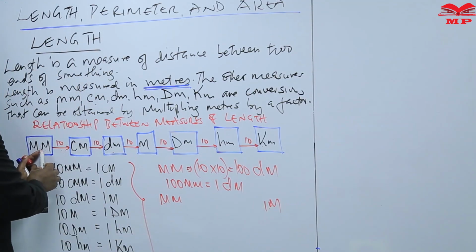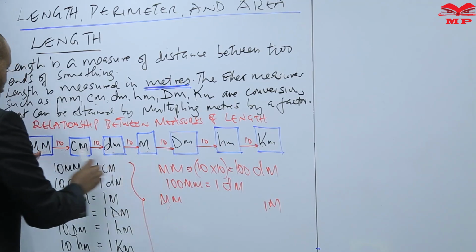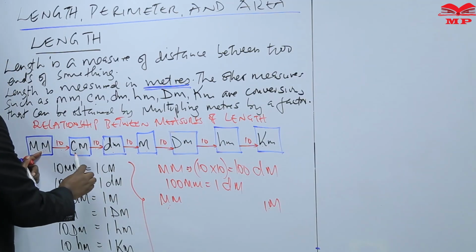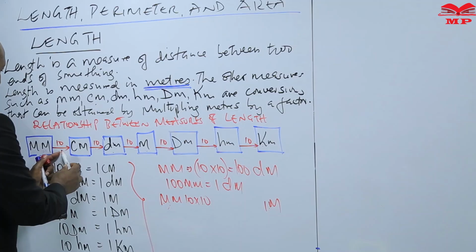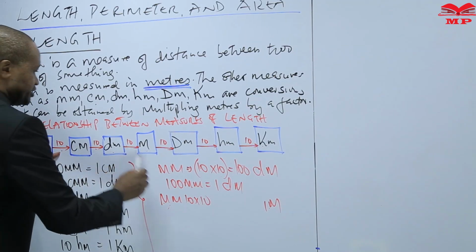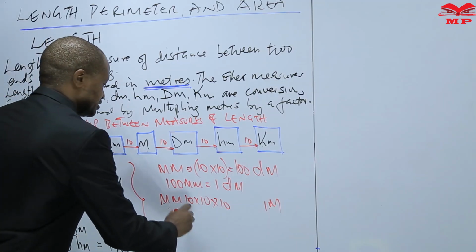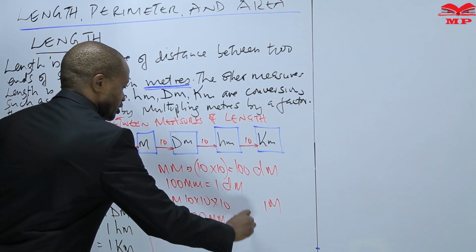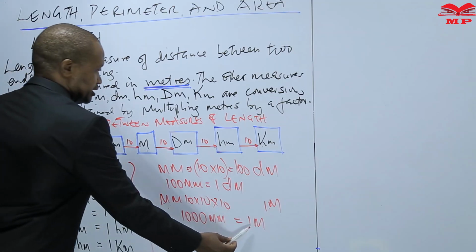Between millimeters and meters, we have 10 times 10 times 10. So 1000 millimeters make 1 meter.